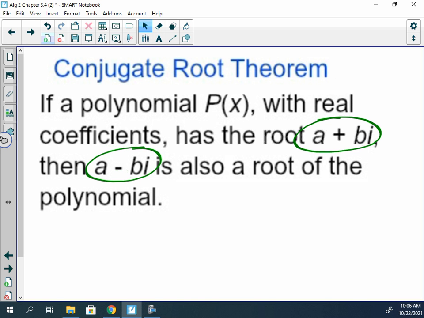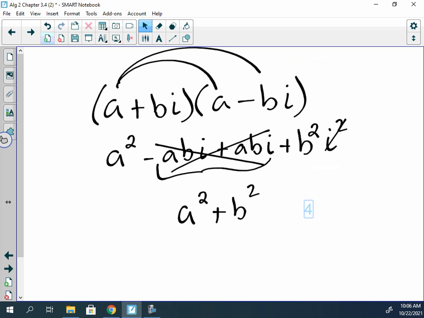So if I get a plus bi as a solution, I have to also have a minus bi, because the only way the i's would cancel is if I have the conjugates. So that's kind of a big hint, because if we know that a plus bi is a solution, it's a given a minus bi is also one. They go in pairs.